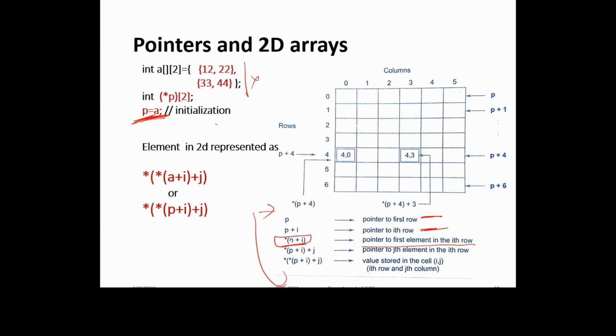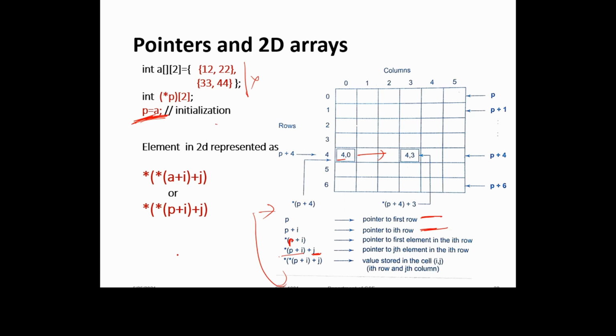So this will have the address of this fourth row. Now star P plus I is the address of the first element of the fourth row, the ith row. And star P plus I plus J means we are moving in the second dimension. This is the first element, and we keep adding J, so we reach the next element.